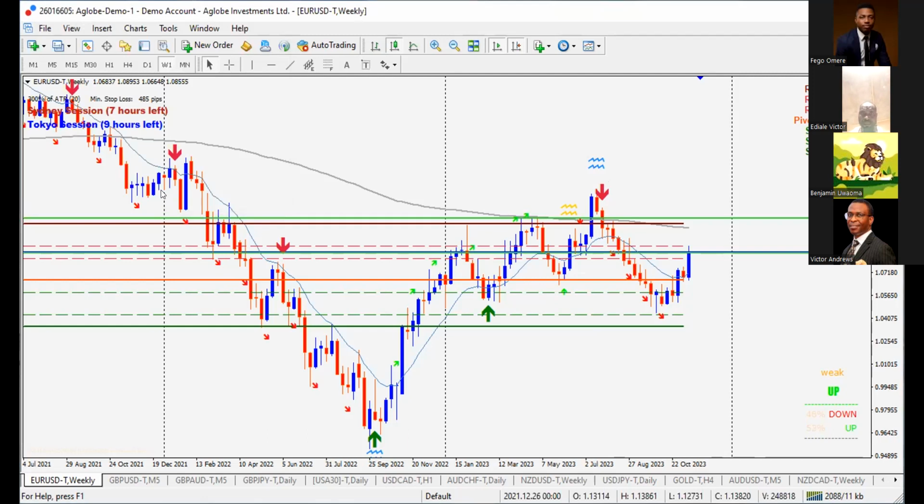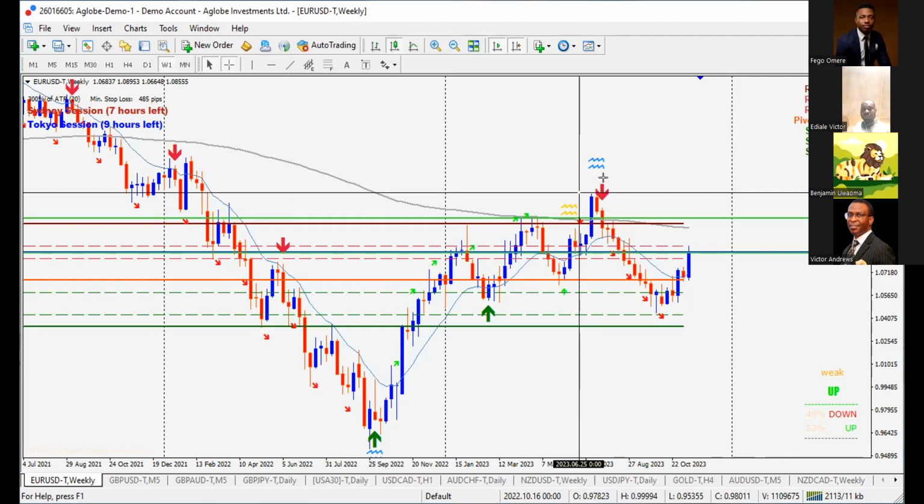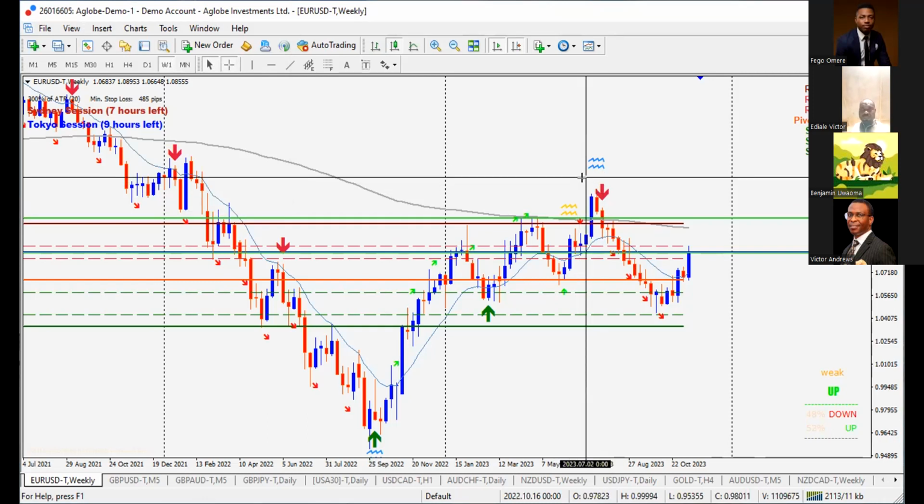And so it's telling you to sell the market, currently euro dollar, at that price. If you had sold at this price, your stop loss will be above the arrow, maybe 5 or 10 pips above the arrow.